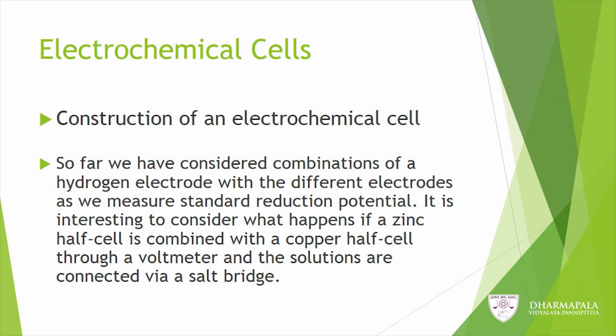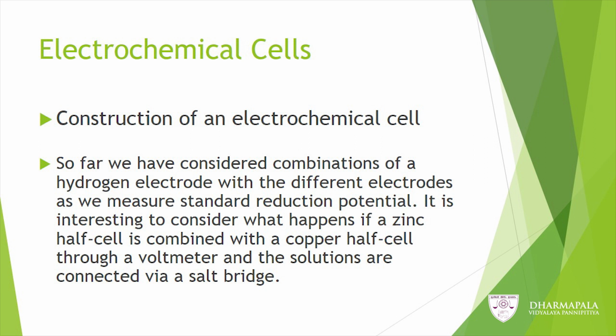Next, electrochemical cells. Let us see how to construct an electrochemical cell. So far, we have considered combinations of a hydrogen electrode with the different electrodes as we measure standard reduction potential.